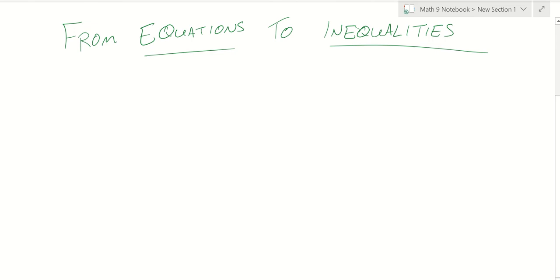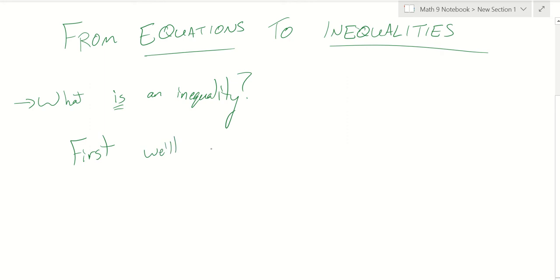So the question is, what is an inequality? We're going to answer this in a sort of roundabout way. To answer this question, first we'll look at a more familiar object, the idea of what an equation is.